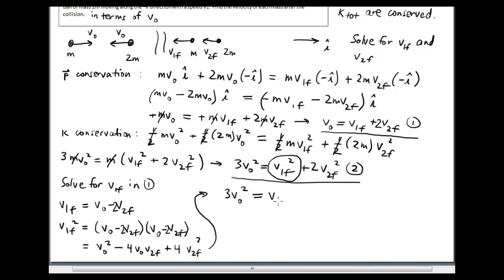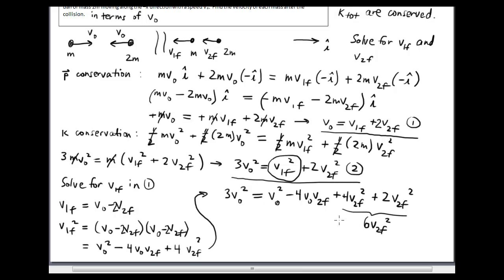I'll just recopy it. v0 squared, right, minus 4 v0 v2 final, plus 4 v2 final squared. All right? And there's one more term, plus 2 v2 final squared. So I can consolidate this a little bit. These two terms give me 6 v2 final squared.